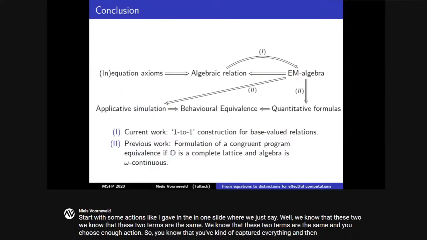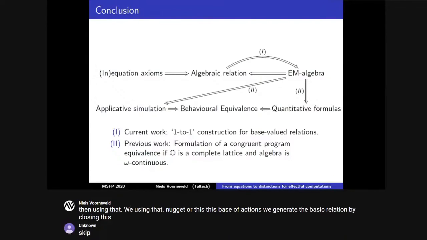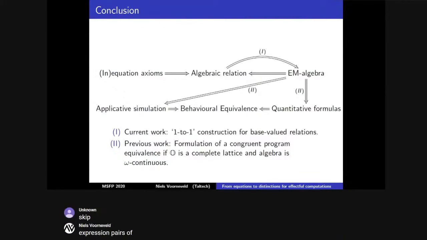Then using that base of axioms, we generate the basic relation by closing this subset of pairs of expressions under particular properties, which you could see as proof techniques.